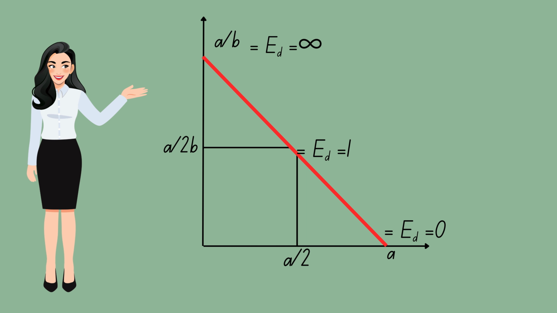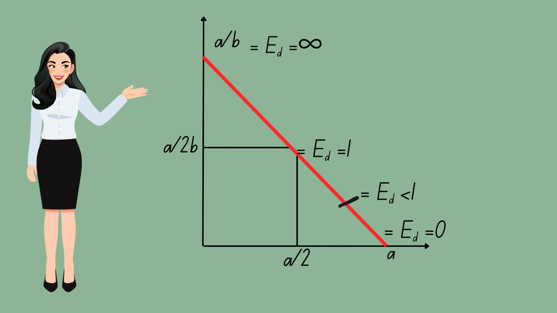Furthermore, between elasticity of demand equal to 1 and elasticity of demand equal to 0, we have elasticity of demand less than 1, that is inelastic demand. This means that the magnitude change in quantity demanded is less than the magnitude change in the price of the good.